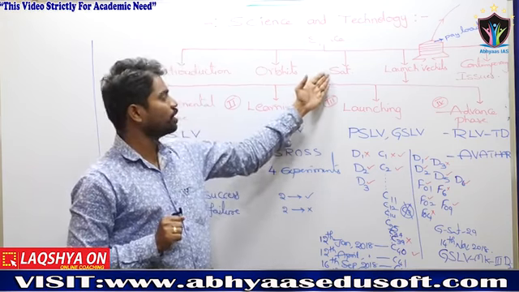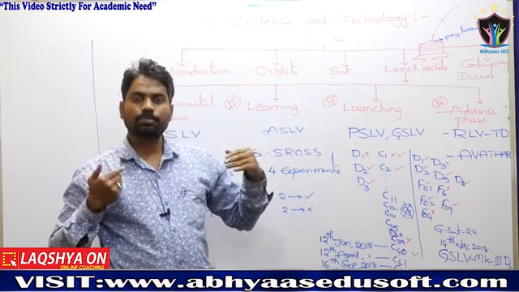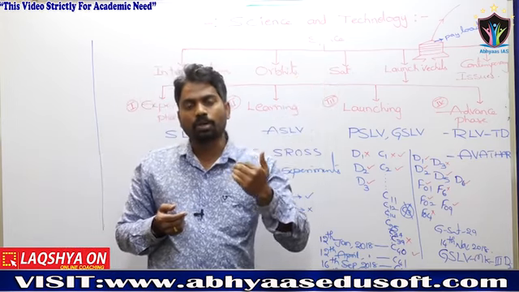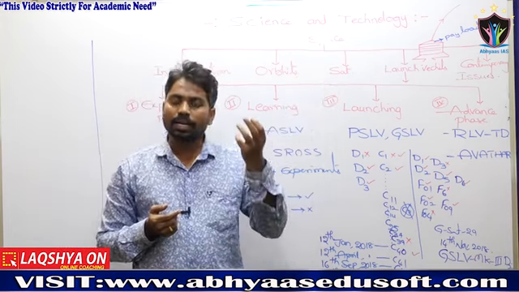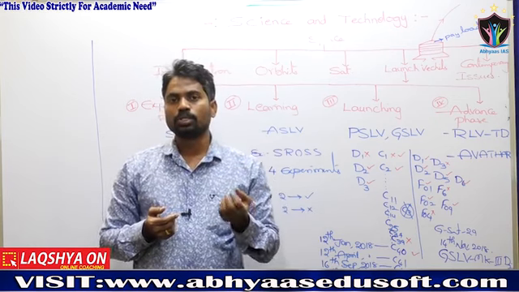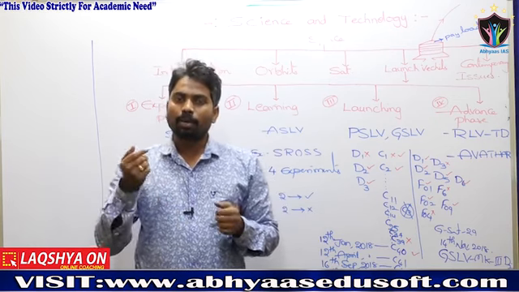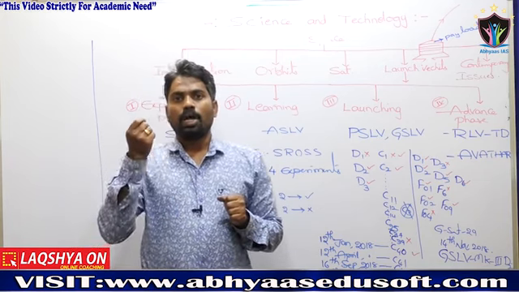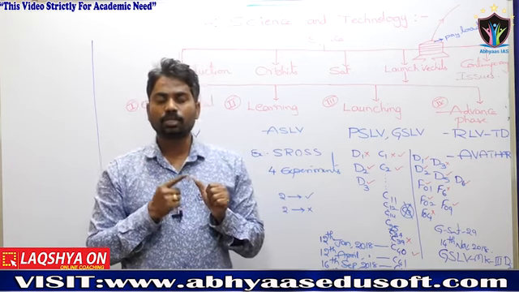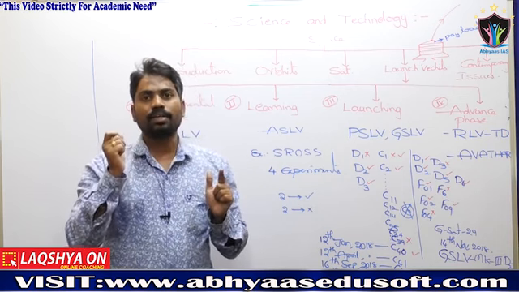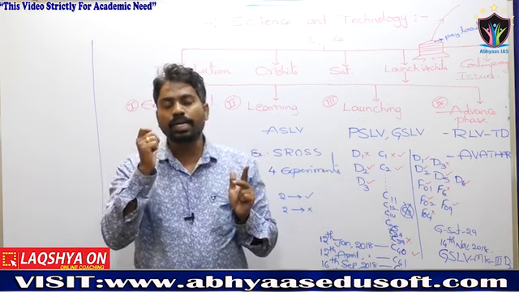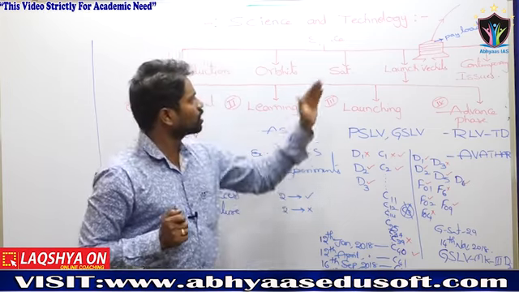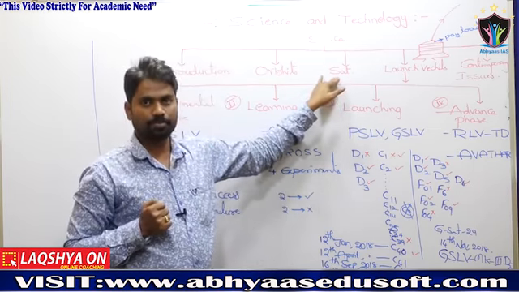Based upon application, the satellites are classified into three types: remote sensing satellites, navigation satellites, communication satellites. We discussed already about the satellites.